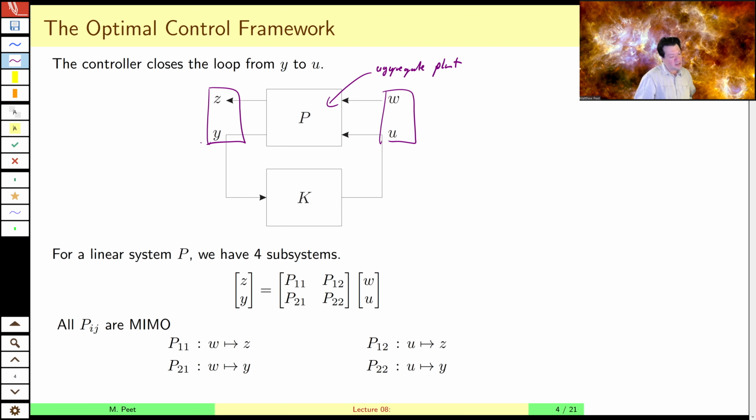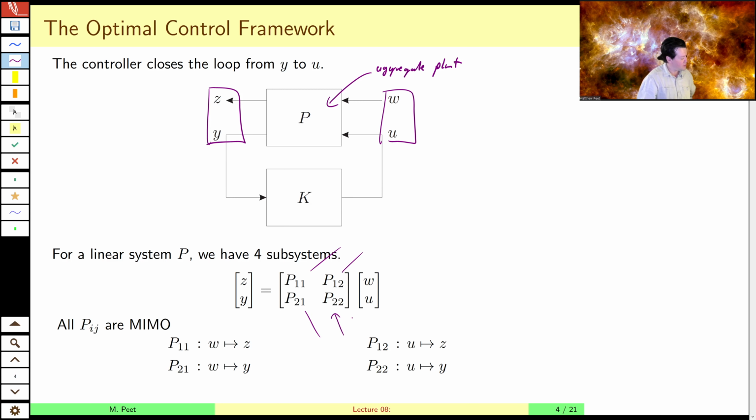Now one of the advantages of working in this algebraic framework of linear systems is that once we've formulated this aggregate plant, and we'll talk about how to do that in the next couple slides, we can decompose it into subsystems.